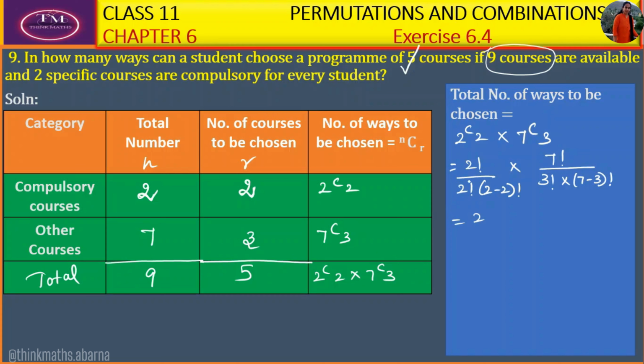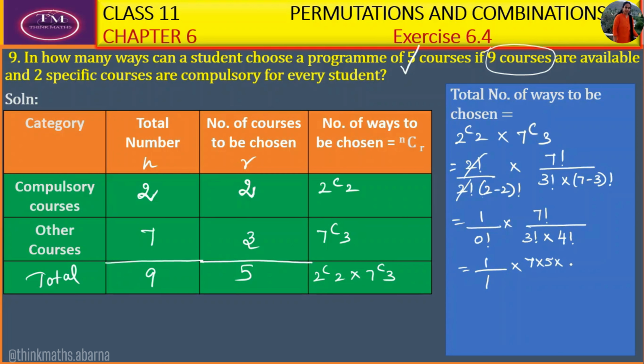So 2 factorial and 2 factorial get cancelled. So in the numerator you have 1. 2 minus 2 is 0 factorial. Into 7 factorial divided by 3 factorial into 7 minus 3, which is 4 factorial. So what is 0 factorial? 0 factorial is 1.